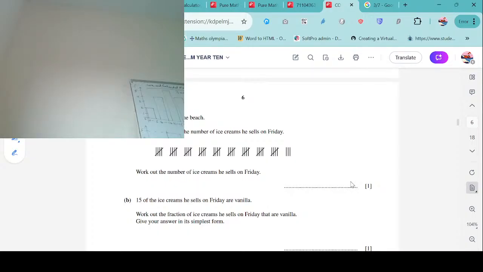So the class midpoint, mid value of class, which is also called x, is the average of these two. That's what we use. So 0 plus 5 is 5, divided by 2, that's 2.5. And then this one is 6 plus 10, 16 divided by 2, that's 8.